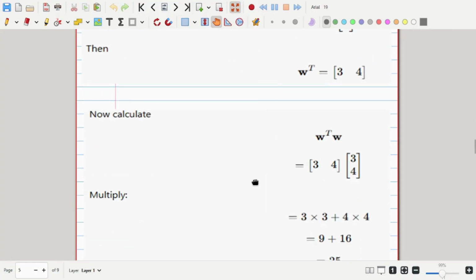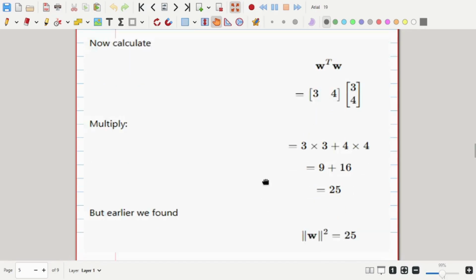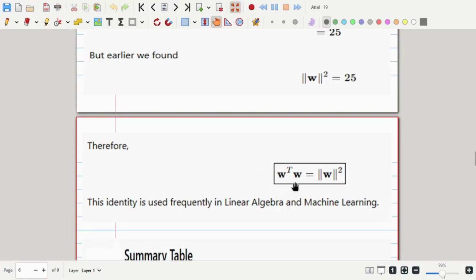Now calculate W transpose into W. So row vector 3 and 4 multiplied by column vector 3 and 4. So 3 into 3 plus 4 into 4. So 3 into 3 means 9 and 4 into 4 means 16. So 9 plus 16 means 25, but we earlier found that norm of vector W square is 25. Therefore, W transpose W is equal to norm of vector W square.